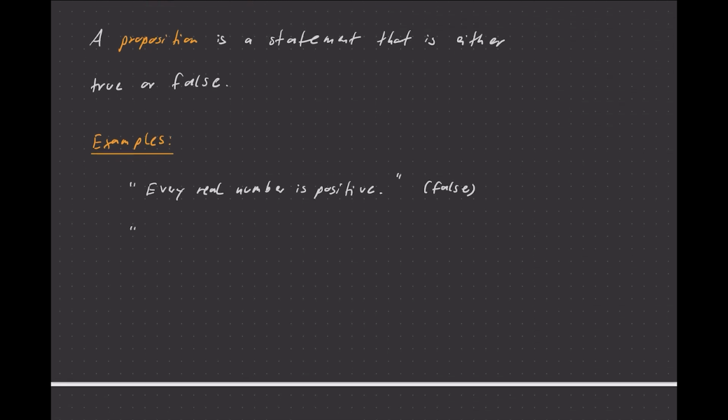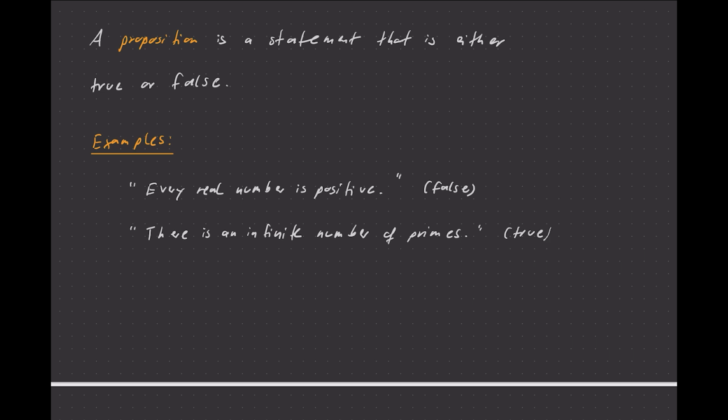Another possibility that is not so easy to assign a truth value to would be something like, there is an infinite number of primes. Now, again, this is a statement that can either be true or false. There's nothing in between. And maybe you know the answer to that one already. That is a true proposition.